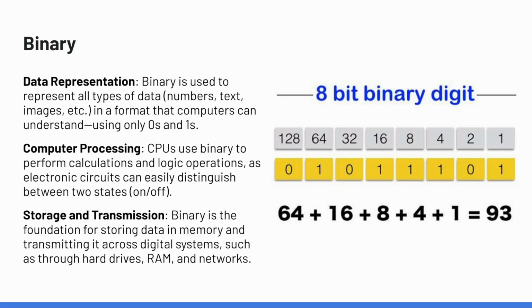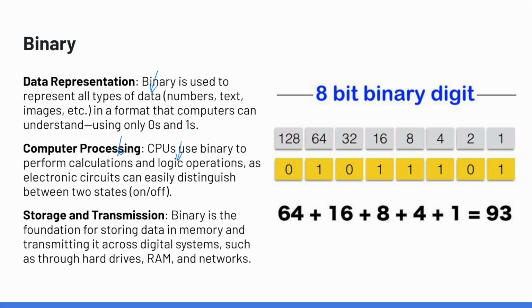So let's take a deep dive into what binary actually means. Binary can be used to represent all types of data on a computer, and binary is essentially the language that a computer speaks. When a processor executes instructions, it executes those instructions as ones and zeros. The CPU uses binary to perform calculations and logical operations.